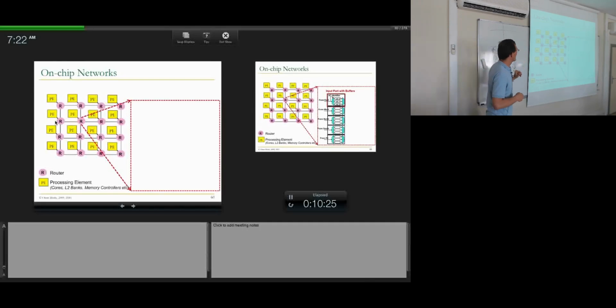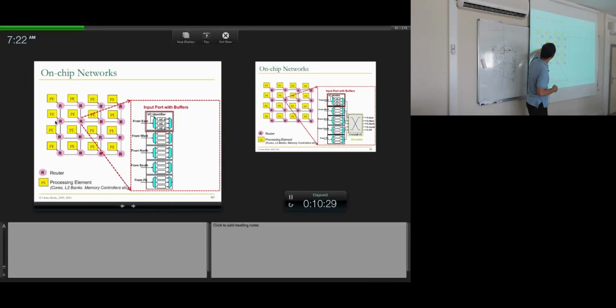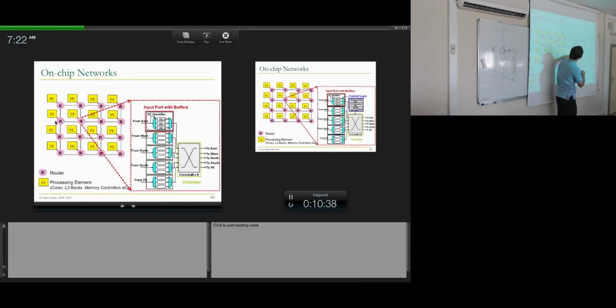Traditionally, people have designed these routers, unless it's a ring, and the mesh routers, to have input ports with buffers. I'm not going to go into detail, but basically, you have a bunch of buffers for each input port. Input ports can be from east, west, north, south. Within those buffers, you have virtual channels so that you don't have head-of-line blocking.